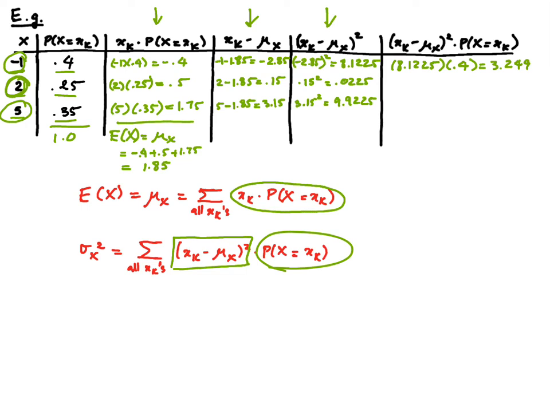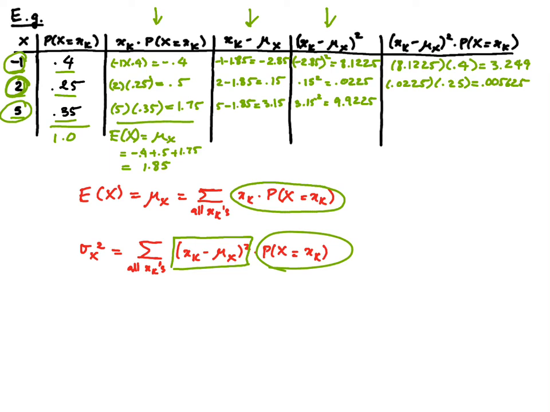Then for the second value, you have 0.0225 times 0.25, that gives you 0.005625.